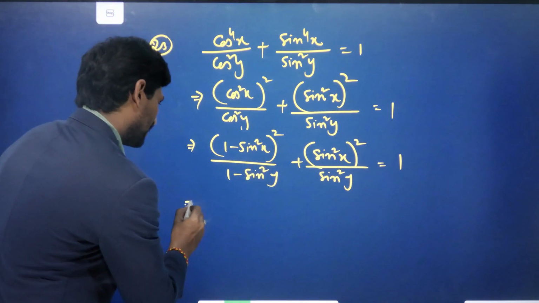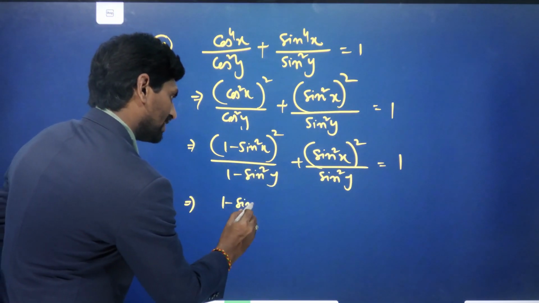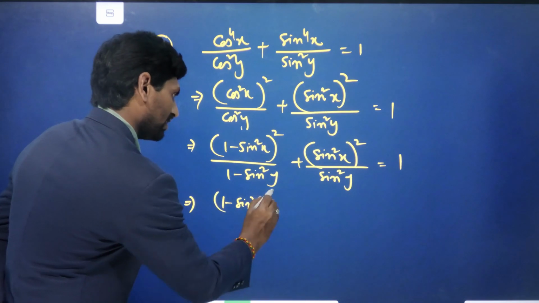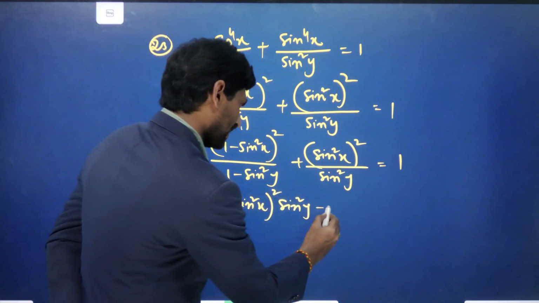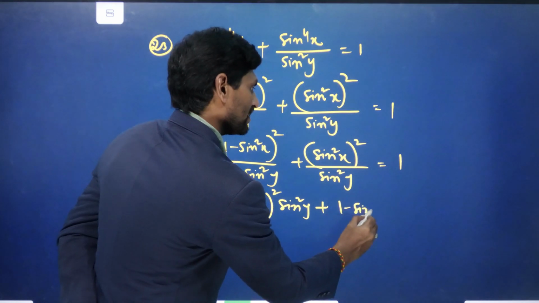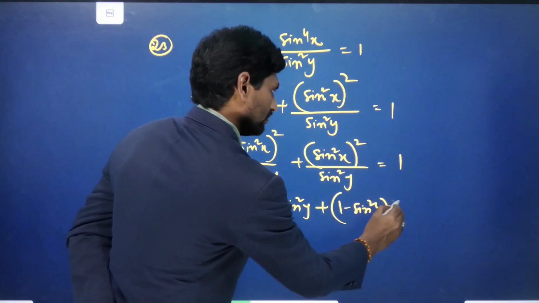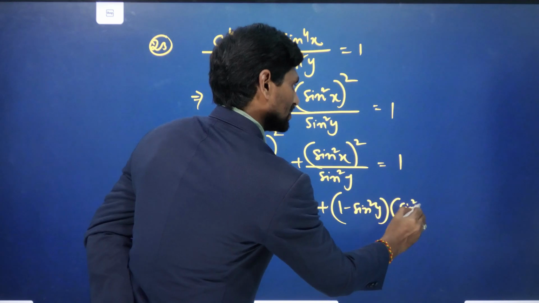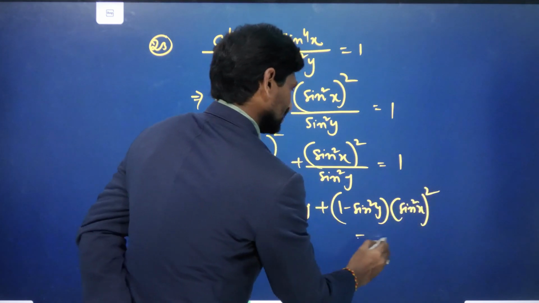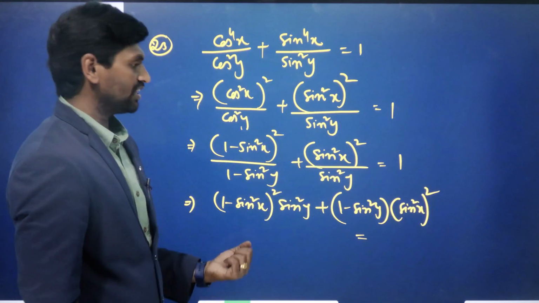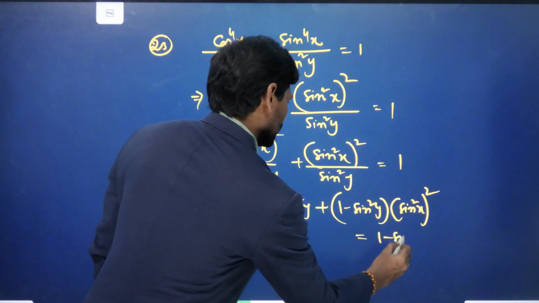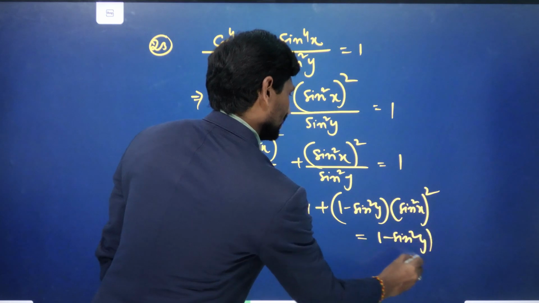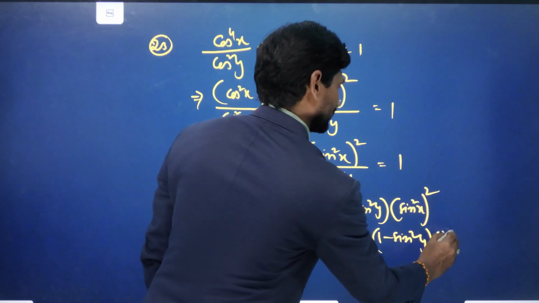Like an LCM we can write this: (1 minus sin square x) whole square into sin square y, plus (1 minus sin square y) into (sin square x) whole square, that is equal to the denominator, these two multiplication will come, transposed to that side into 1, it will be (1 minus sin square y) into sin square y.